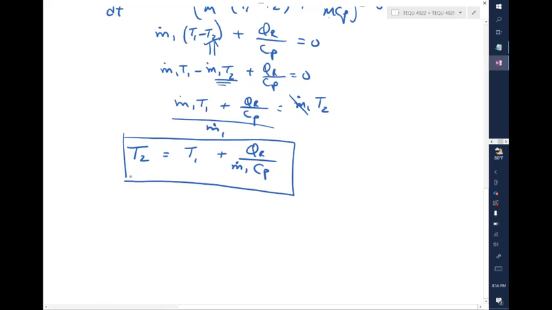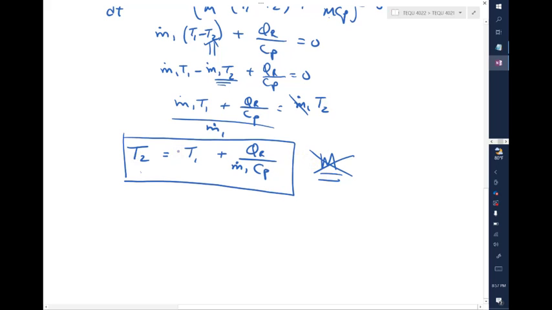It's very important that we understand that this steady state equation does not contain M. I don't care about the M. It could be a big vessel, it could be a small vessel, but the steady state will not care about the amount of mass you have in the tank. However, for the dynamics, oh yes, it makes a big difference: how long it takes a vessel to arrive at a certain temperature.